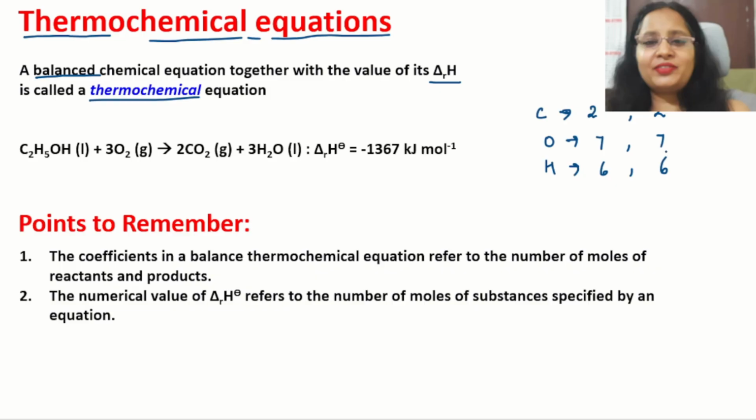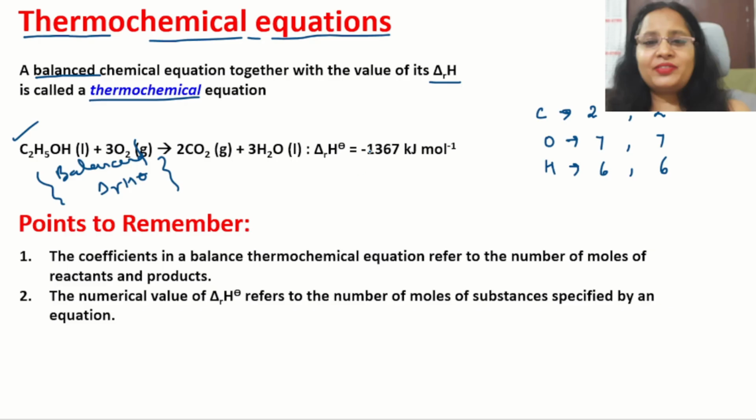The first criterion is fulfilled, and the second point is that delta RH standard is given. It is mentioned here: minus 1367 kilojoule per mole. So this whole equation is balanced and delta RH standard is given, so we can say this equation is called a thermochemical equation.